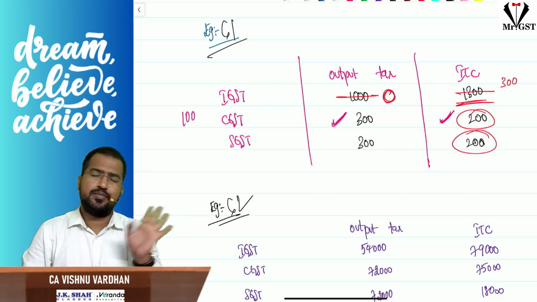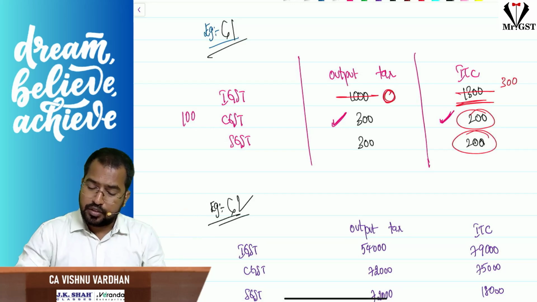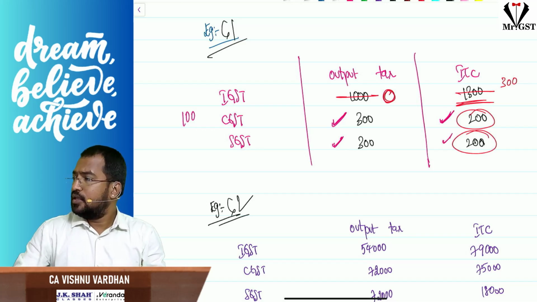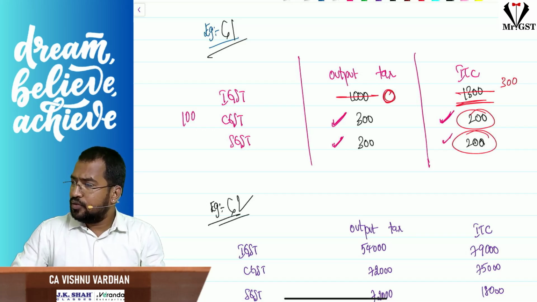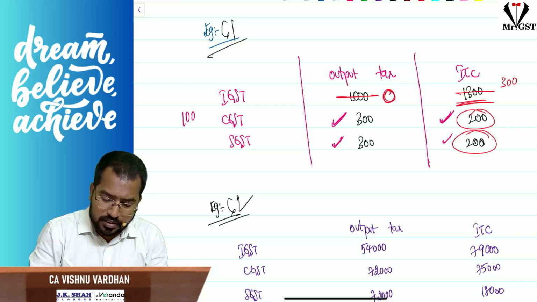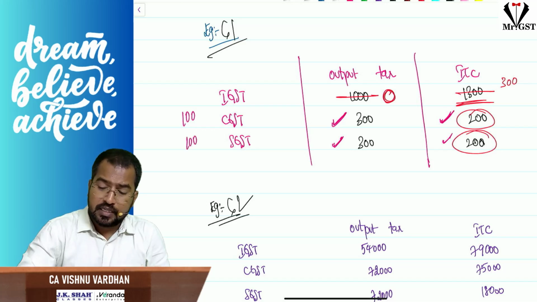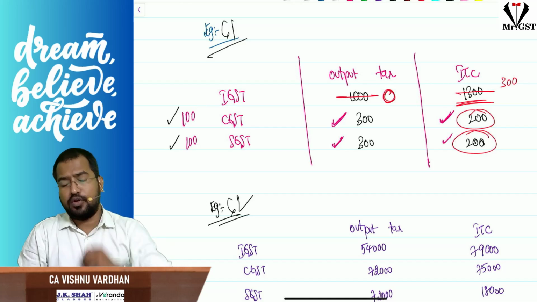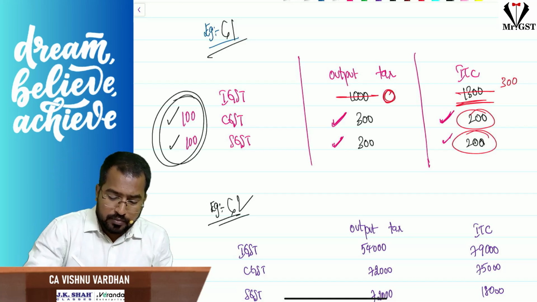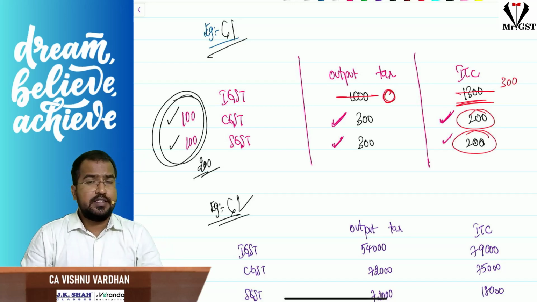And in the same way SGST also, output tax 300 is there, input tax 200 is there. If you help this one with 100 rupees, this one also will be very happy. That means CGST needs 100 rupees, SGST needs 100 rupees. Both of them together need 200 rupees.